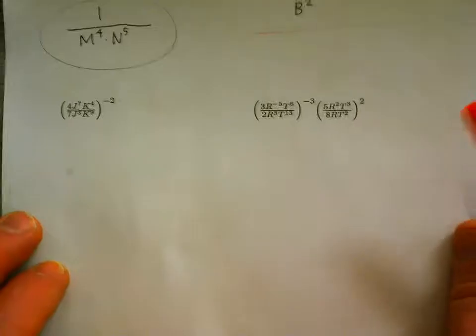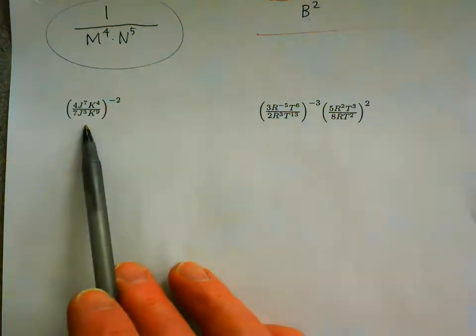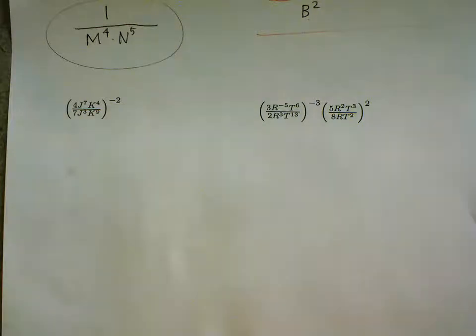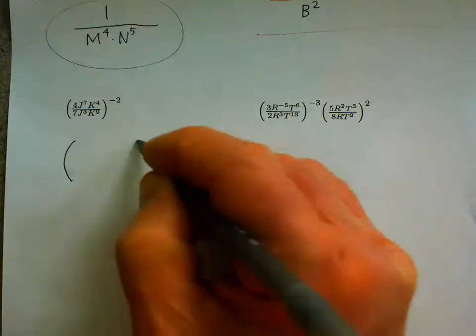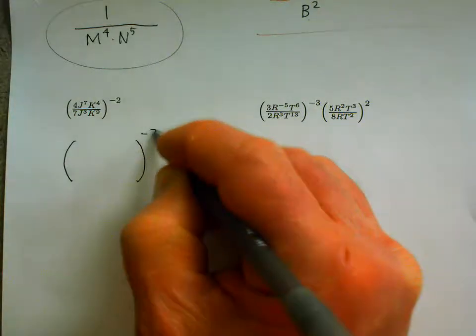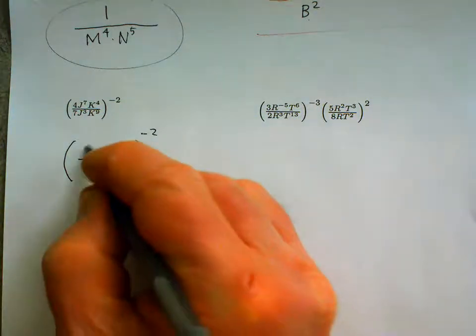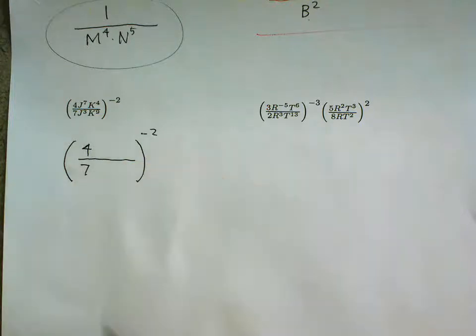Okay, we can get started on the next one. Okay, this time we have a rational expression raised to a negative exponent. So there's more than one way to do it, but notice that we can simplify inside the parentheses. So let's do that first. We have a factor of 4 in the numerator and 7 in the denominator.